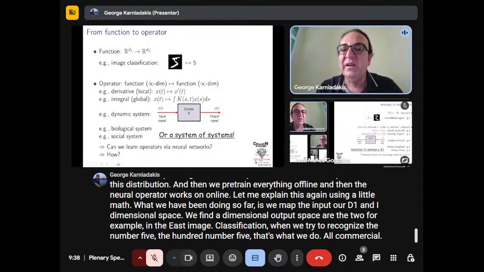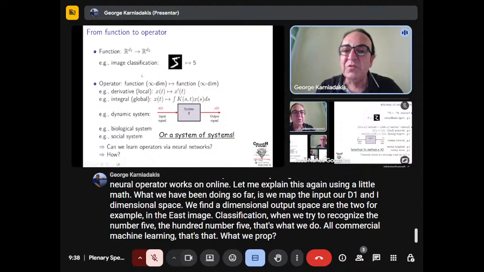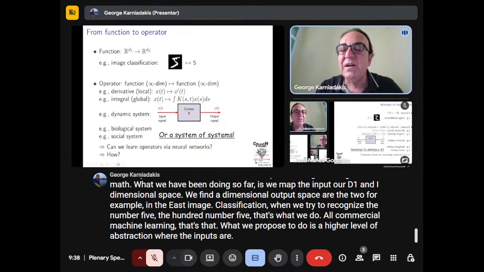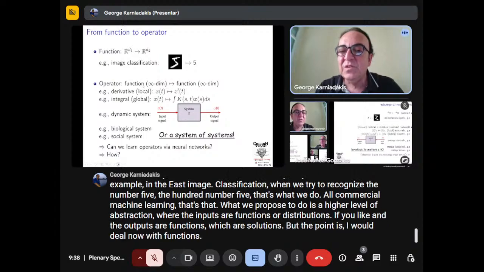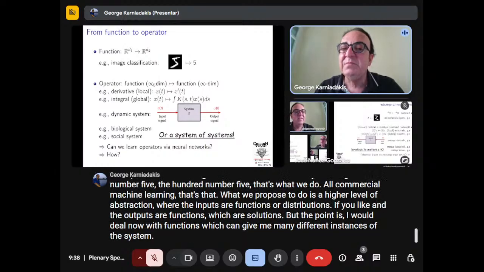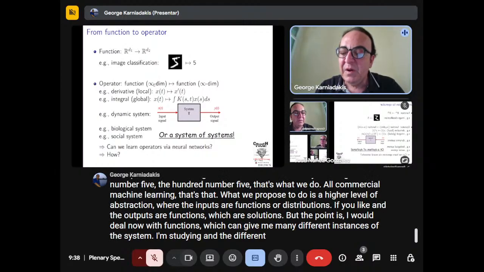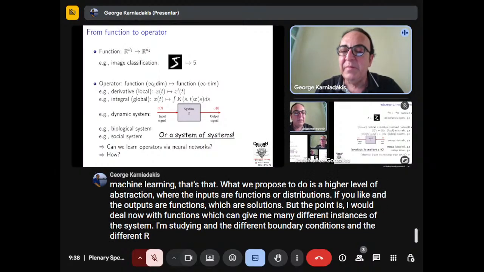All commercial machine learning does that. What we propose to do is a higher level of abstraction where the inputs are functions or distributions, if you like, and the outputs are functions, which are solutions. But the point is I deal now with functions, which can give me many different instances of the system I'm studying, and the different boundary conditions, and the different Reynolds numbers, and so on.